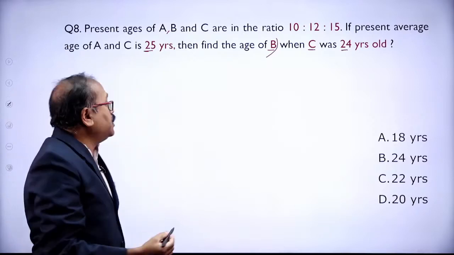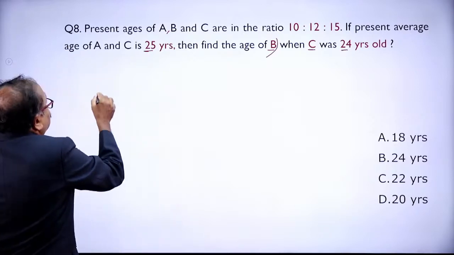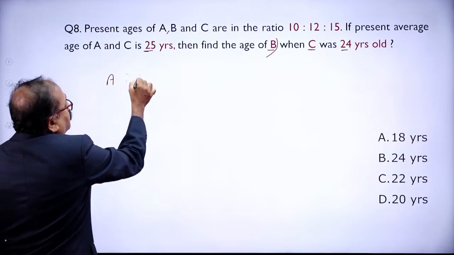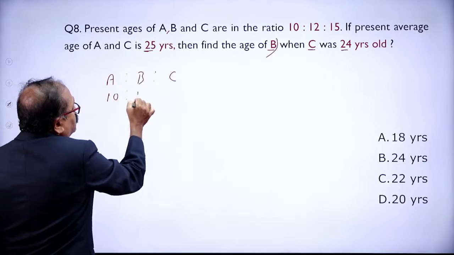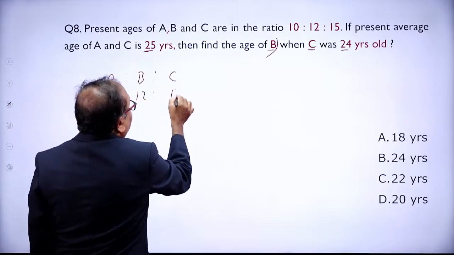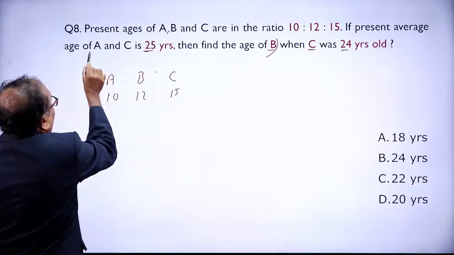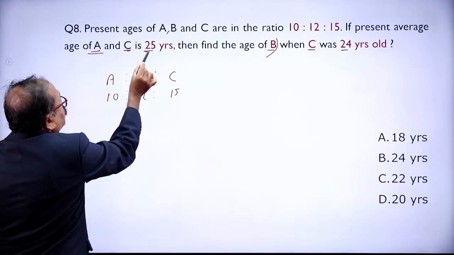Hope the question is very clear. I am writing what the question is here. That is, A is there, B is there and C, and their age ratio is 10:12:15, and we have the average age of A and C as 25.